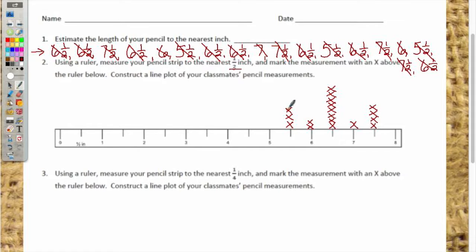When you get all finished, you should have 18 X's on your line plot. Okay, mine's good. Now I'm going to ask you some questions about this line plot.